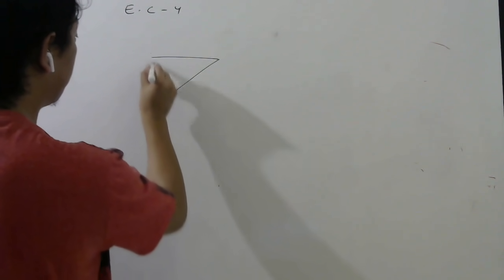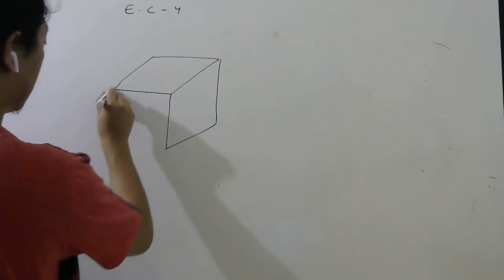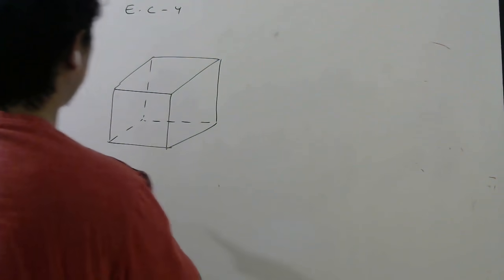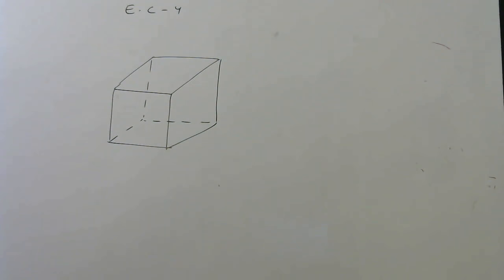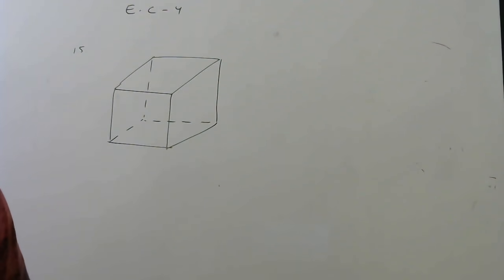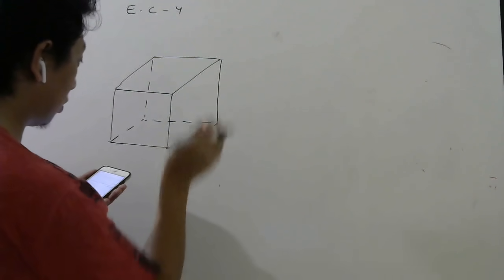So here is a cube like this. This is question number 15. And they are keeping charges at points one by one, okay, not all at the same time.